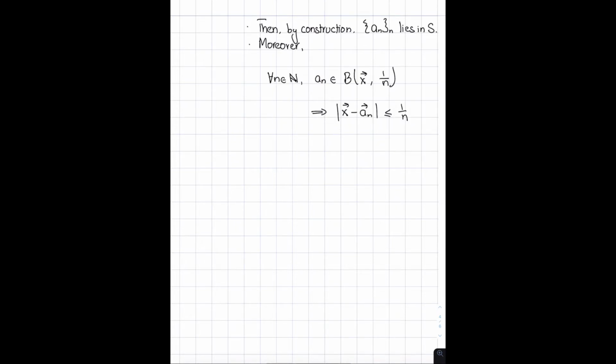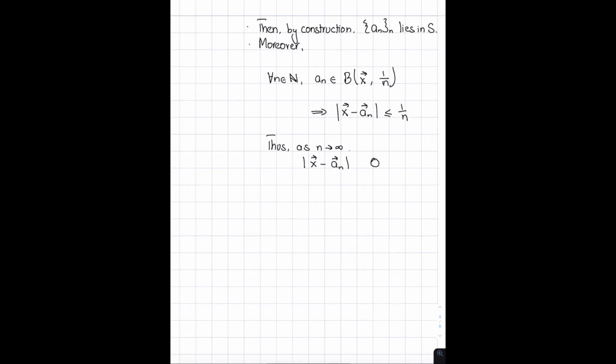So thus, and we're done now, as n tends to infinity, the norm of x minus a sub n tends to 0. And of course, because it's an absolute value, it can never be less than 0.